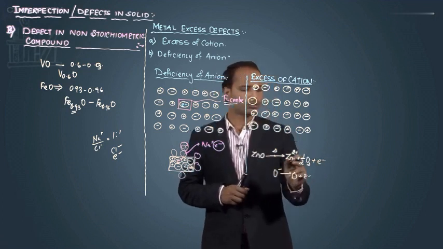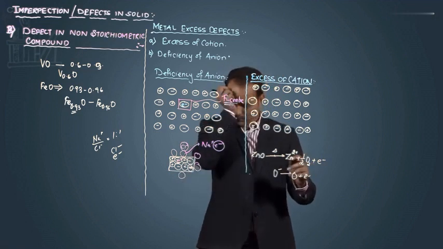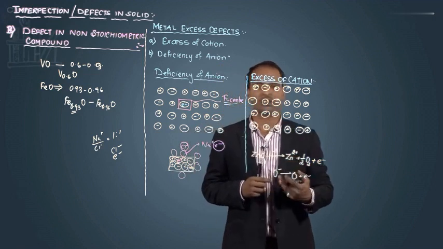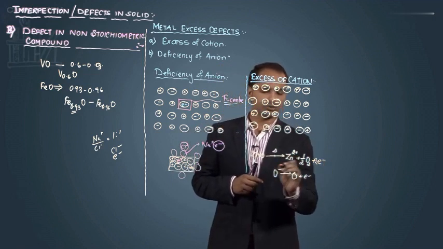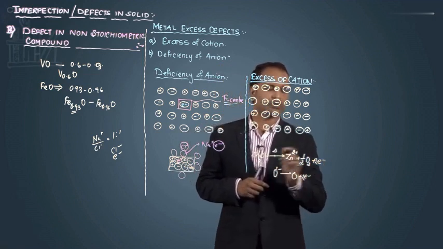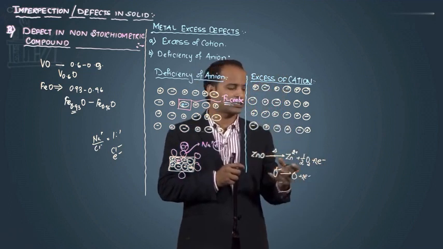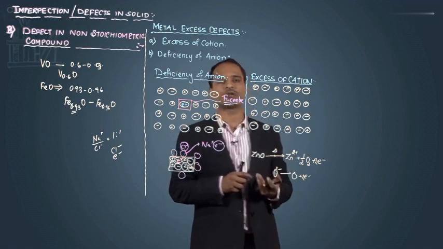Each oxygen loses 2 electrons. So ultimately, the oxide ion gets converted into oxygen gas.